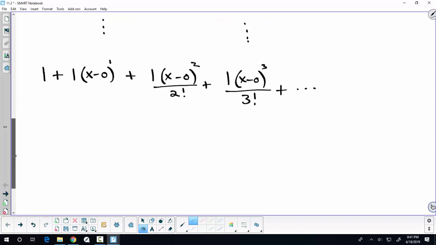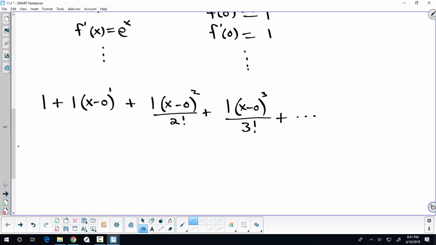Let's just simplify or clean that up a bit before we put an actual summation to it. We got 1 plus x squared over 2 factorial plus x cubed over 3 factorial.